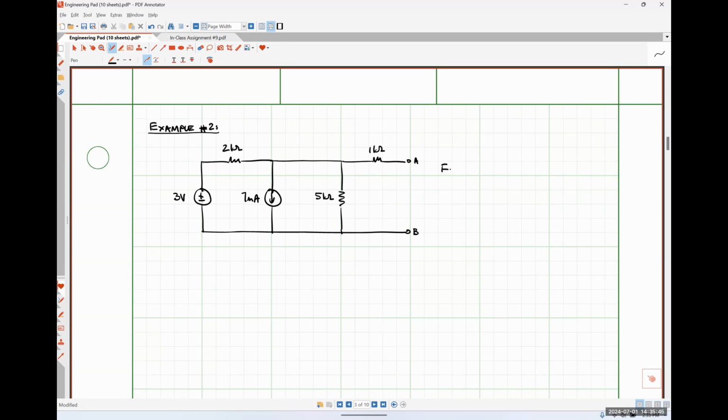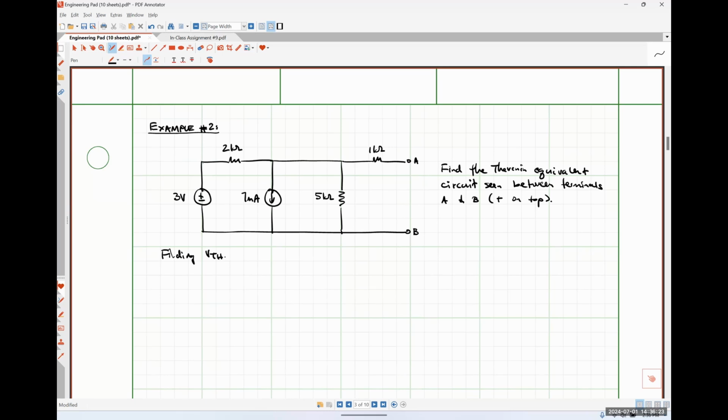I'm asking us explicitly to find the Thevenin equivalent circuit seen between terminals A and B. Let's assume positive polarity will be on top for our Thevenin equivalent voltage.